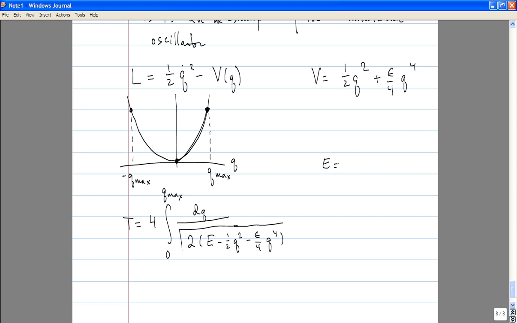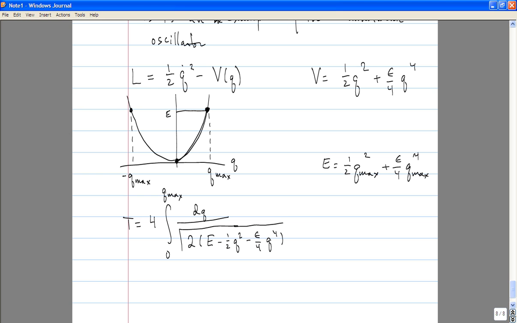So this is the energy, which is 1/2 Qmax squared plus epsilon over 4 Qmax to the 4th. And so now the period of the oscillator is given by this integral. And it will be a function of the amplitude of oscillation, which is to say it will be a function of Qmax.